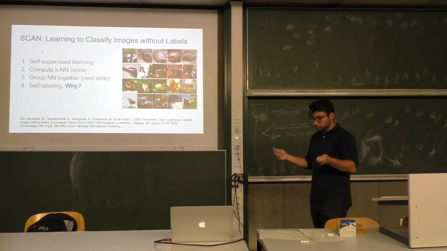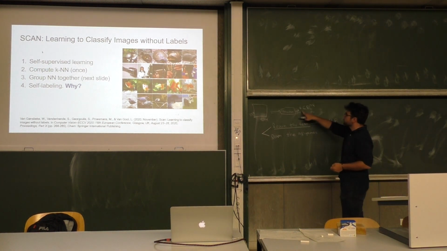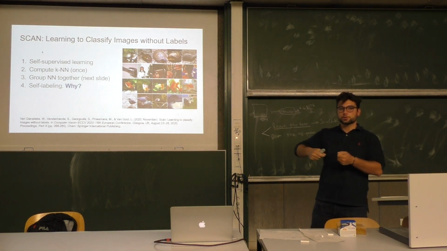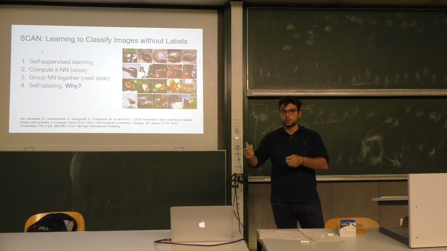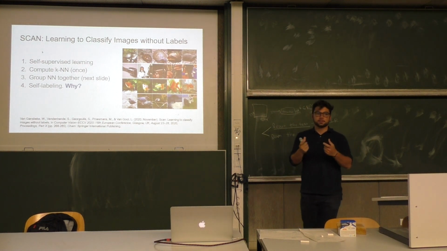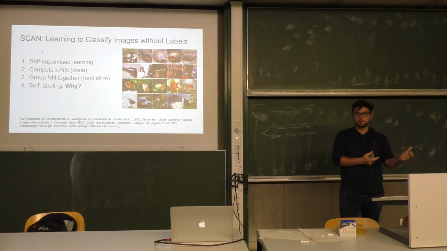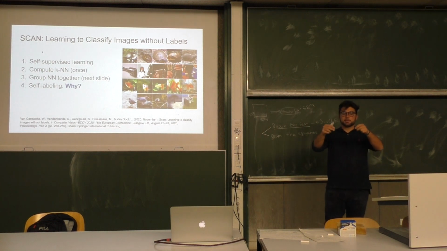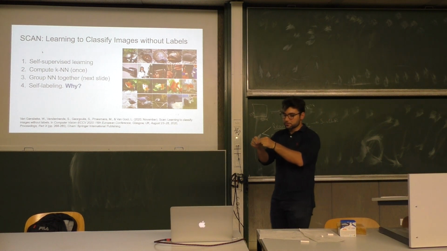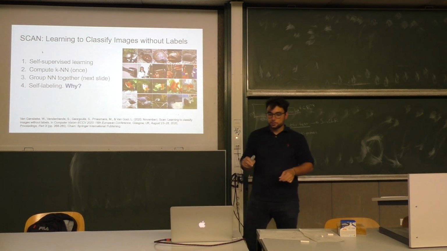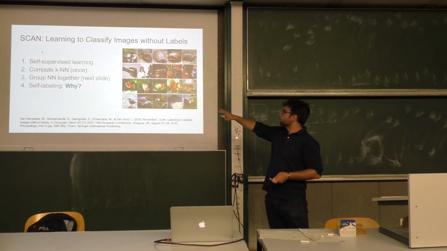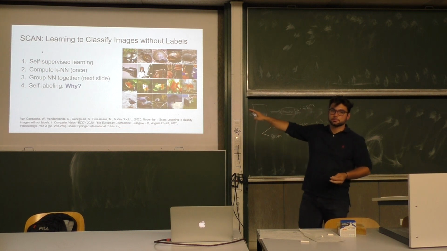Then we compute in the feature space the nearest neighbors for each image, because we saw in the first part of the lecture that there is this alignment, shown both empirically and theoretically, that views of the same image tend to be together on the hypersphere, and to some extent this applies also to images that share the same label.